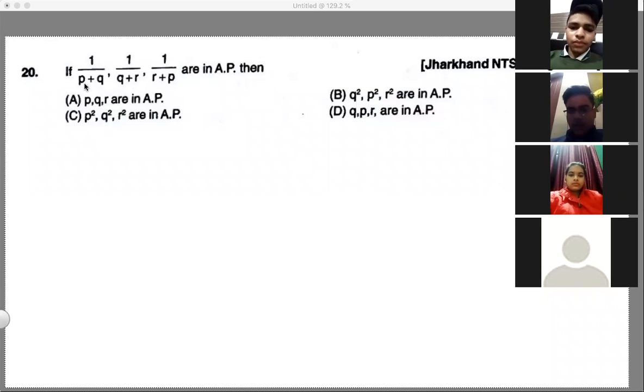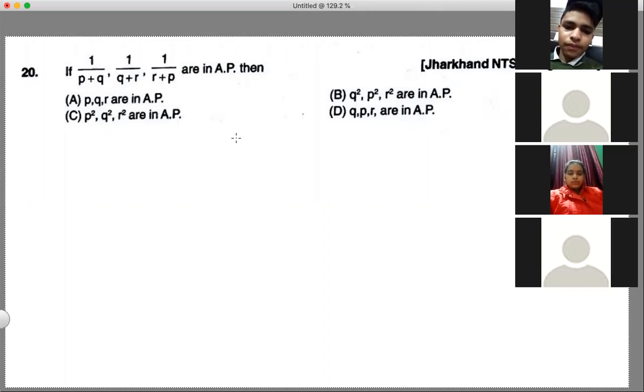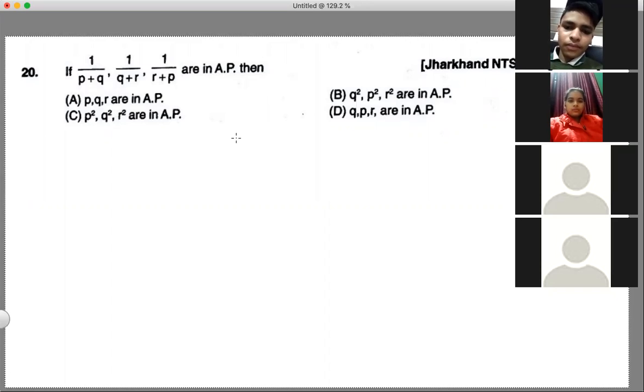Okay. Now in this question, we are given that these three numbers are in AP. Then they are asking which other things are in AP. So how will we do this question? Just think about it. Give me 1 second, there's somebody at the door. You just think about the question.